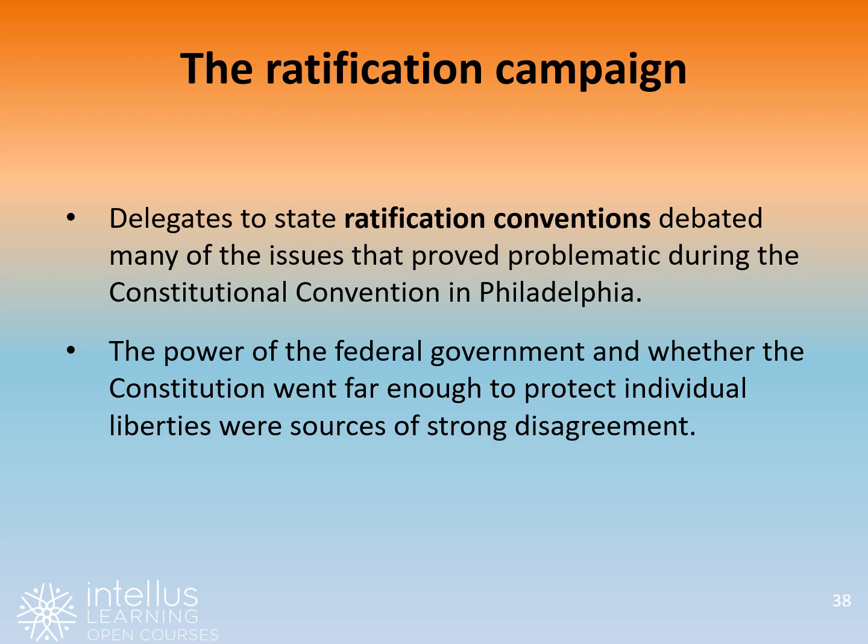After the convention, they went out and campaigned for their stance, and they utilized different avenues to campaign. Delegates to state ratification conventions debated many of the issues that proved problematic during the Constitutional Convention in Philadelphia. The power of the federal government and whether the Constitution went far enough to protect individual liberties was a source of strong disagreement.